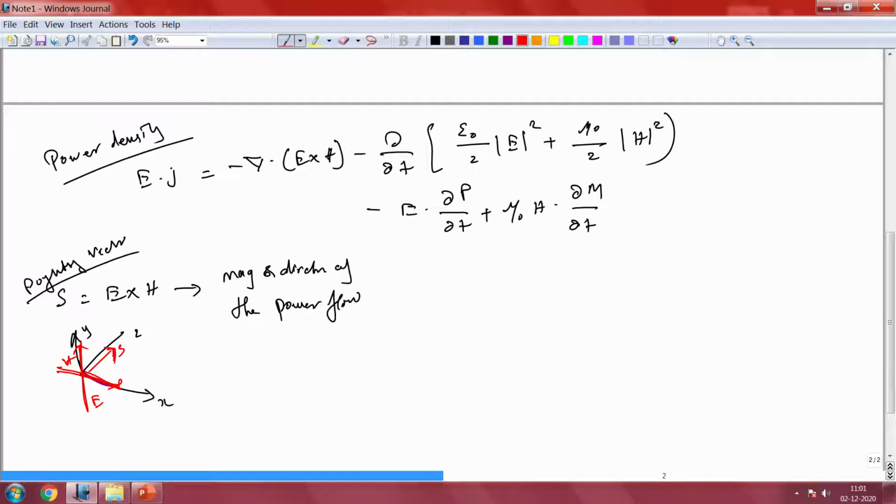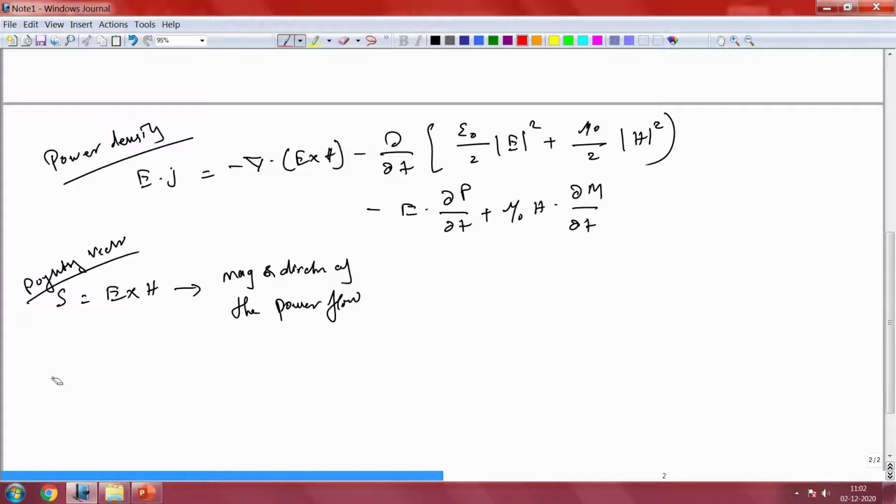And this is how waves propagate. So you have oscillation in the xy plane, but the energy will be moving perpendicular to this, either into the screen or out of the screen. So this is what the Poynting vector actually tells us.